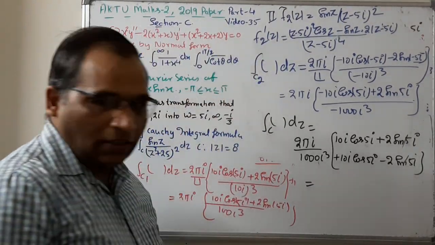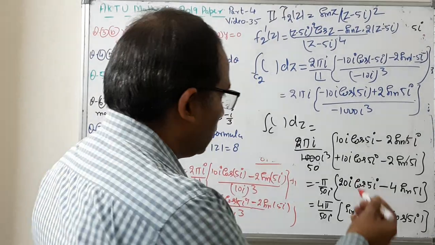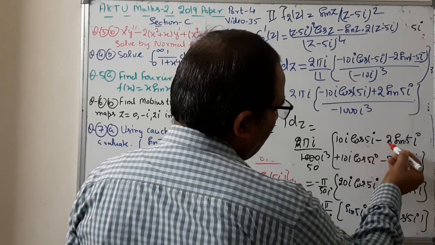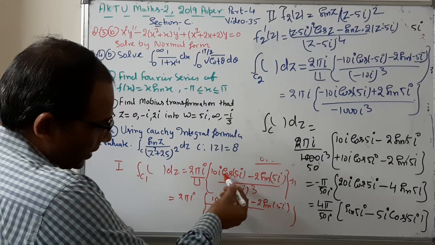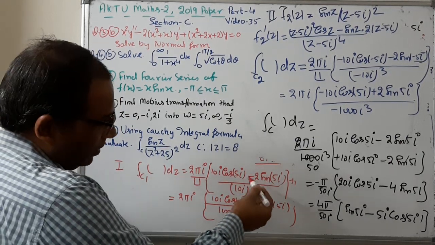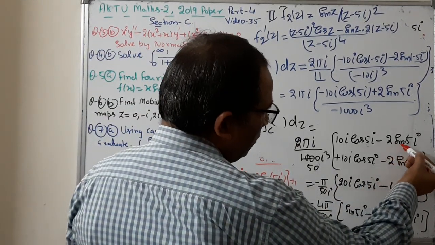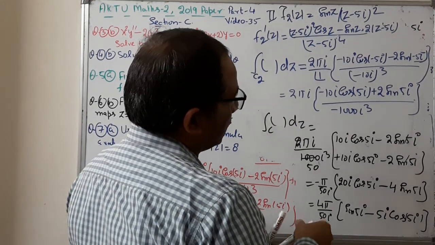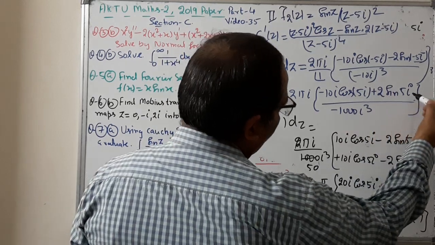This one is equal to, we put the values, 10i cos 5i plus 2 sin 5i, and here is the minus sign, minus 10i cos 5i, because of the minus sign from the denominator, right? In the differentiation there is also a minus sign, so I write this minus sign to cos 5i, and taking this minus sign in the numerator, we get 10i cos 5i minus 2 sin 5i, right?